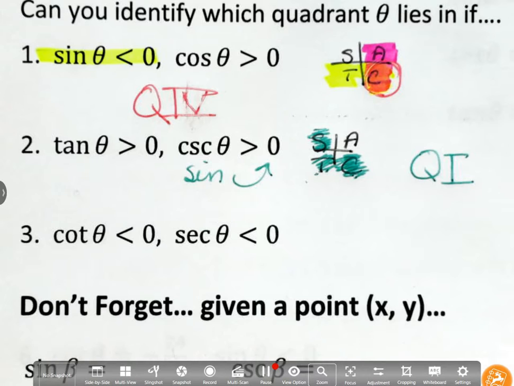Whatever way works for you, figure out your quadrant. Compare with your neighbor when you think you've got it.